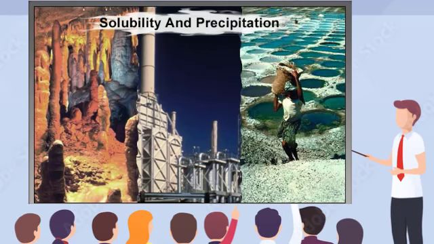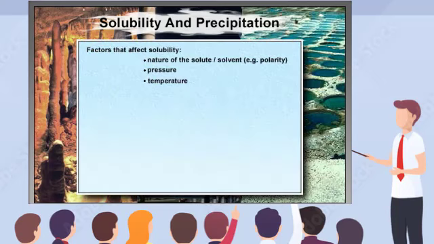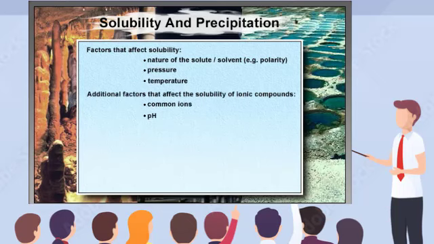This concludes the program on solubility and precipitation. During this program, you learned that temperature, pressure, and polarity affect the solubility of gases, liquids, and solids in solutions. Special attention was paid to the factors that affect the solubility of ionic compounds because they can form precipitates when mixing solutions.